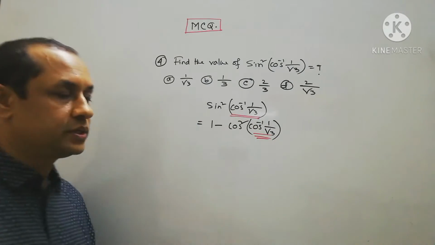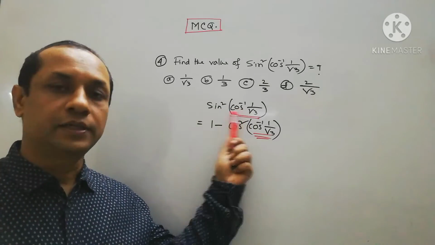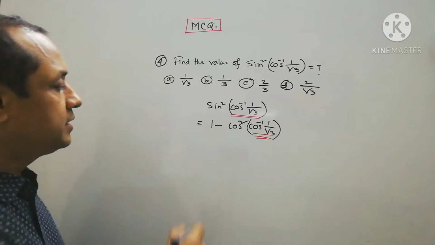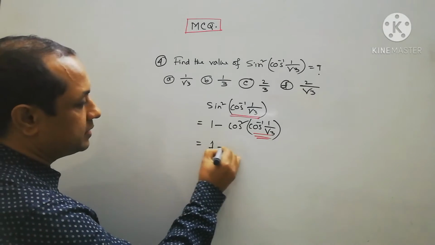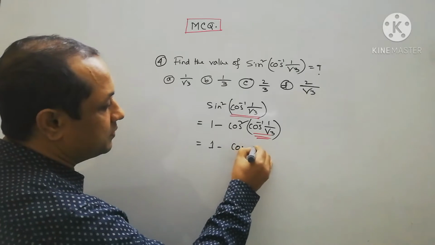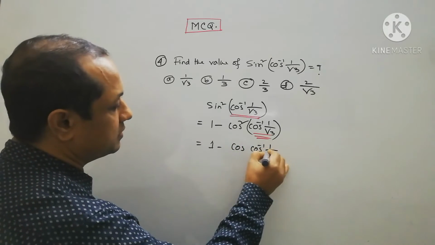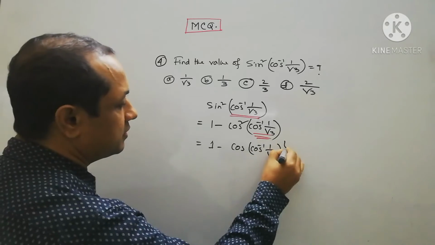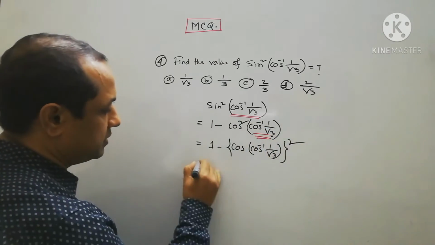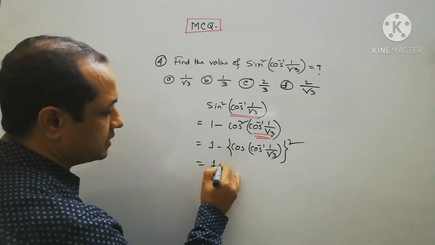We know that, student, sine square theta equals 1 minus cos square theta. Then we can write 1 minus cos square theta, then we have cos theta whole square. We can write cos square theta equals cos theta whole square. So cos inverse cancels.